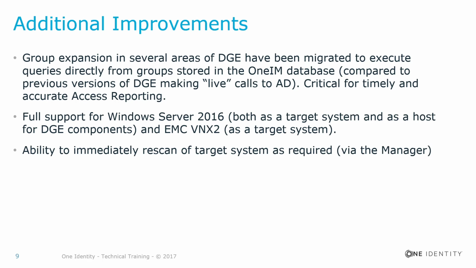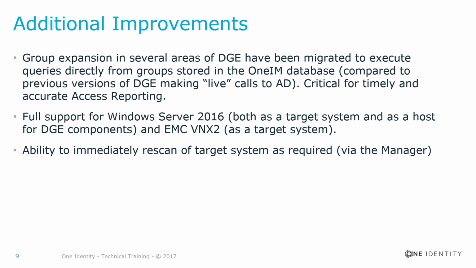We've been converting that code to not actually go out and make AD calls directly, but the information is already there in the identity manager database, presumably, if the domains are synchronized. So now, anytime that DG needs to make a group expansion call, it's just going to pull that information directly from the identity manager database, which will make things a lot faster.